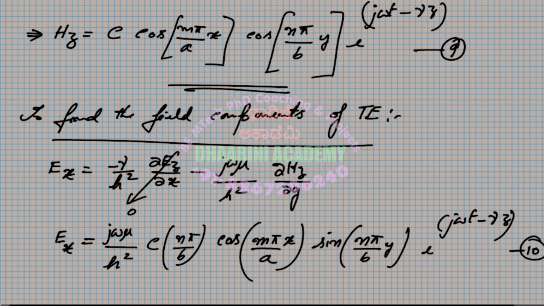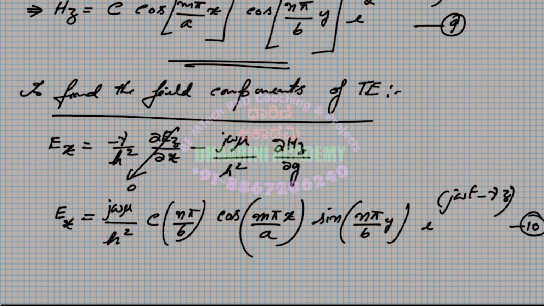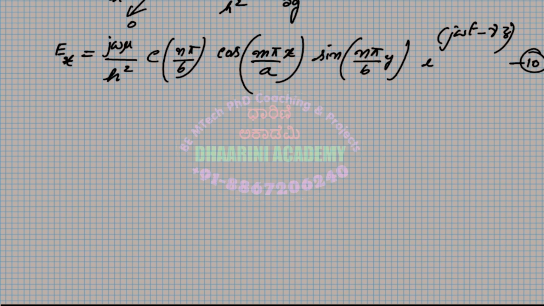Next I need to find the other field components as well. So I'll move to the second field component. Let's say I want to calculate Ey. For Ey, we have a standard equation already derived.